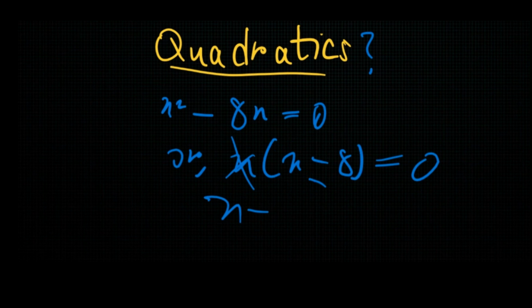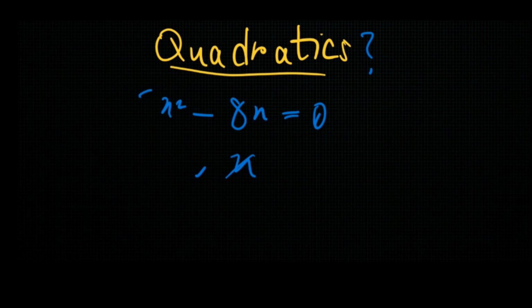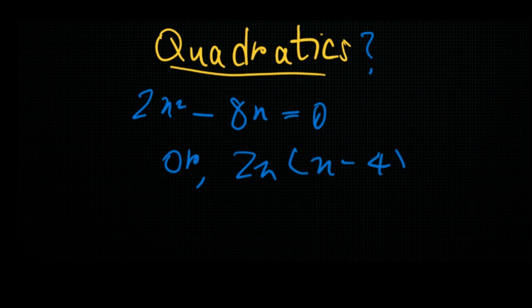Now, what if we had something like this? 2x squared minus 8x. What can we do in this equation? We'll simply take 2x out of here. We'll get 2x times x minus 4 equals 0.